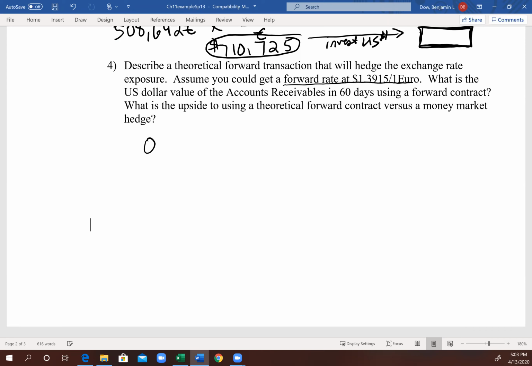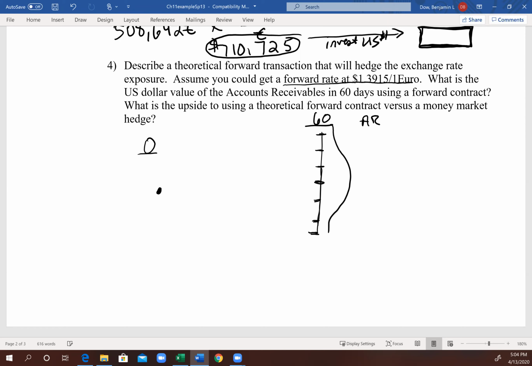So remember, we start out, we figure out where are the different values that the euro could go. Here's where we are now. Here's the different values it could go in 60 days.